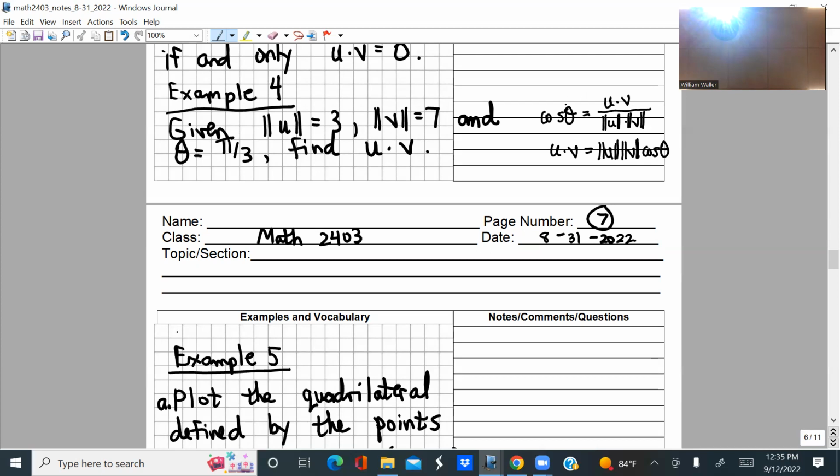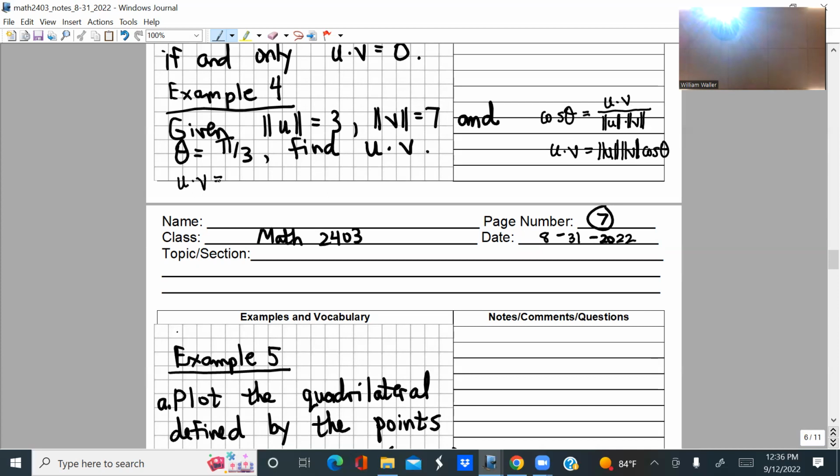There's the equation we've been using. Just multiply both sides by the product of the magnitudes, and you get what the dot product is. So there's an alternative way of computing the dot product. Not that that seems all that useful, but it might be useful to us at some point.